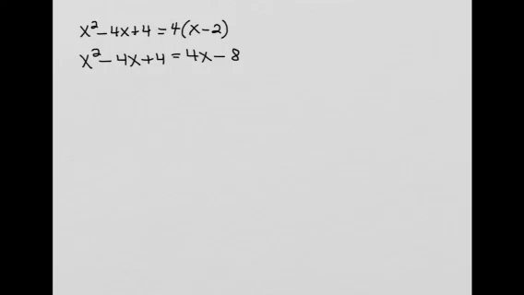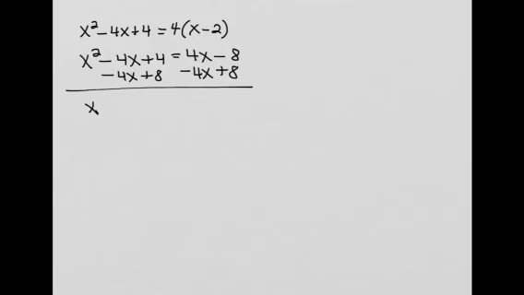And I have x squared minus 4x plus 4 equals 4x minus 8. This is a quadratic equation because our highest degree term is x squared. So since that's the case, I want to get all the terms together. I'll get them together on the left-hand side. That'll be the easiest way. So to do that, I minus 4x from both sides, and I add 8.